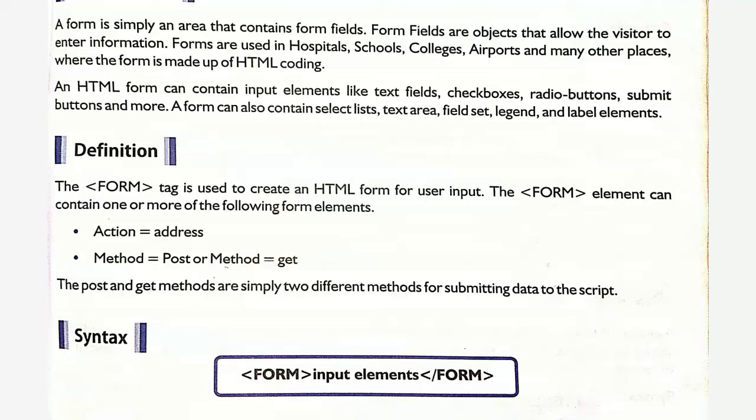And the post method will hide the data in the URL, but it will send the data to the particular address mentioned in the action place. Okay, so this is a very easy method to transmit data from the web page to another application or another web page.